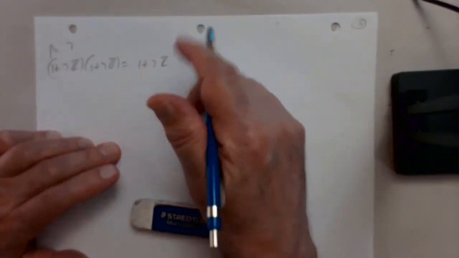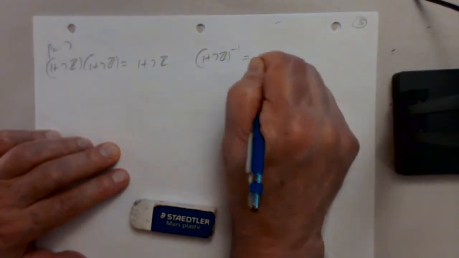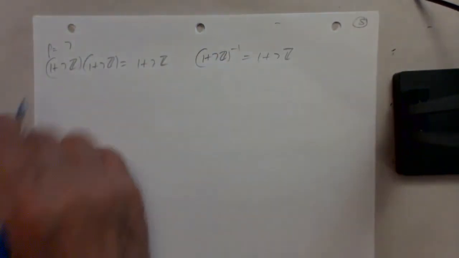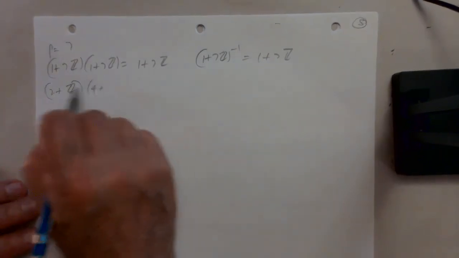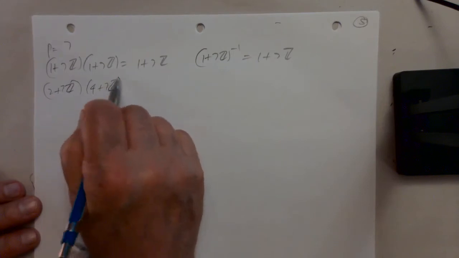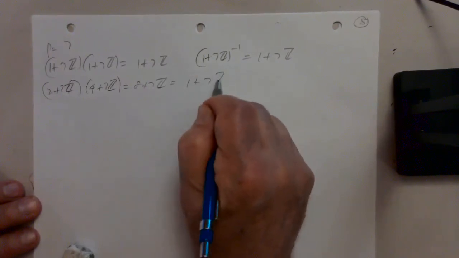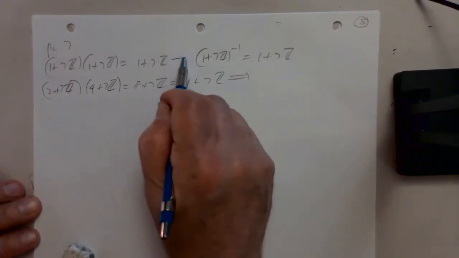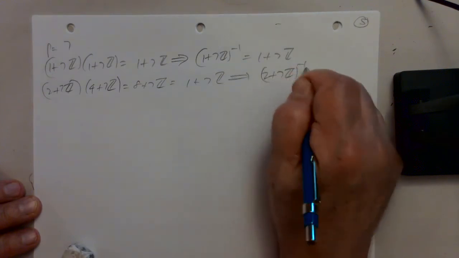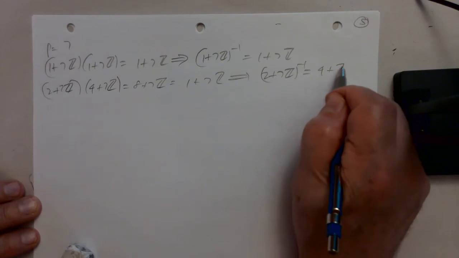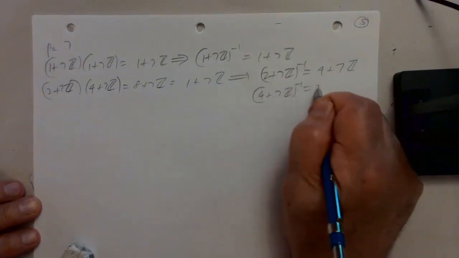Of course, the identity times the identity is always the identity. So what about 2 plus 7Z? If I multiply it by 4 plus 7Z, I get 8 plus 7Z, which is the same as 1 plus 7Z. So the inverse of 2 is 4, and the inverse of 4 is 2.